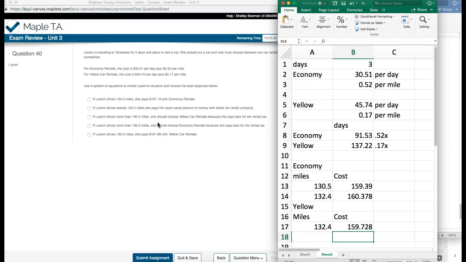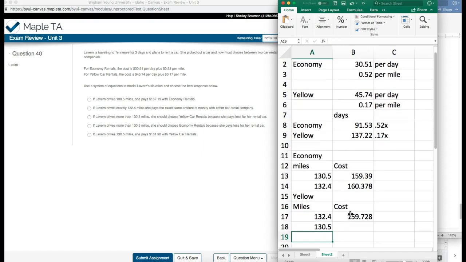So let's verify by also doing 130.5 here and find out what that costs for the yellow car company so that I can compare these two prices. Here 130.5 was $159.39, so it was a little bit more expensive here.